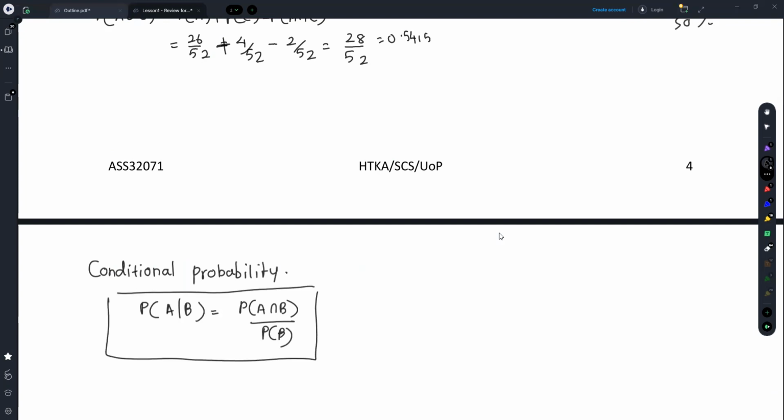So when we say probability of A given B, that means probability of occurring event A, given that the event B has already occurred. So the information of what happened in event B will play a certain role when you calculate the probability of A, right?